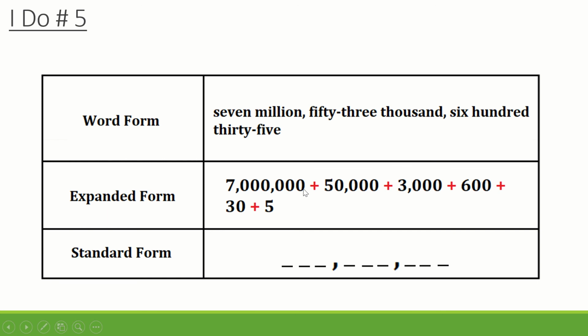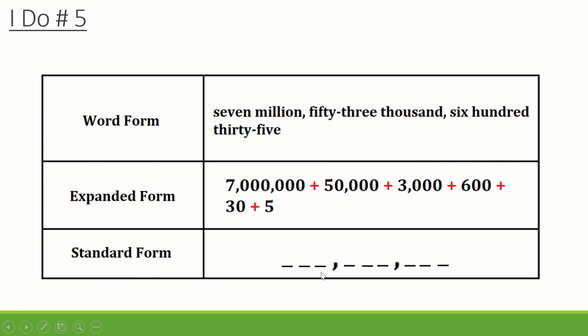I can also note, check this out here, we've got 1, 2, 3, 4, 5, 6 zeros, and so the 7 is found basically 7 place values away from where our decimal would go. And so I can note that I've got 1, 2, 3, 4, 5, 6, 7.